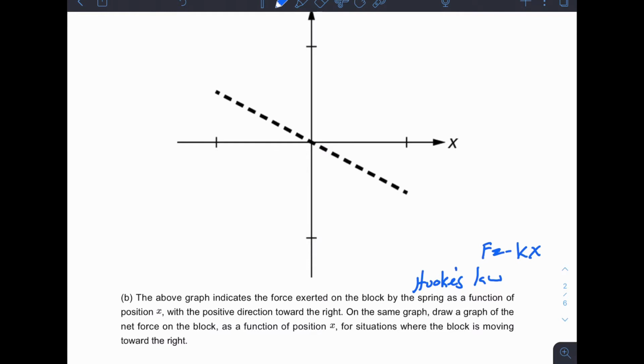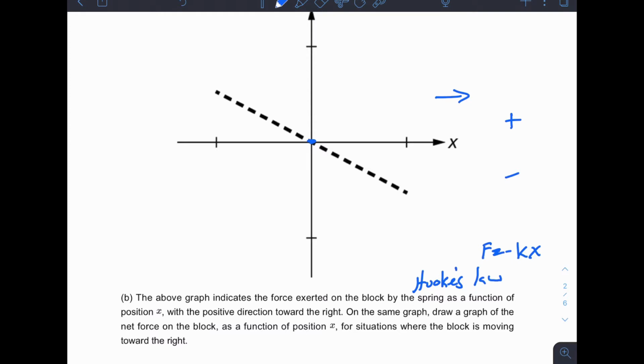So this is point 0 right here. So as we can see, the force from the spring at that point is 0 because x is 0. But as it goes in the positive direction, the spring gives a negative force. All right. And as it goes in the negative direction, the spring gives a positive force. So that's what this line represents. That is Hooke's law in a graph form.